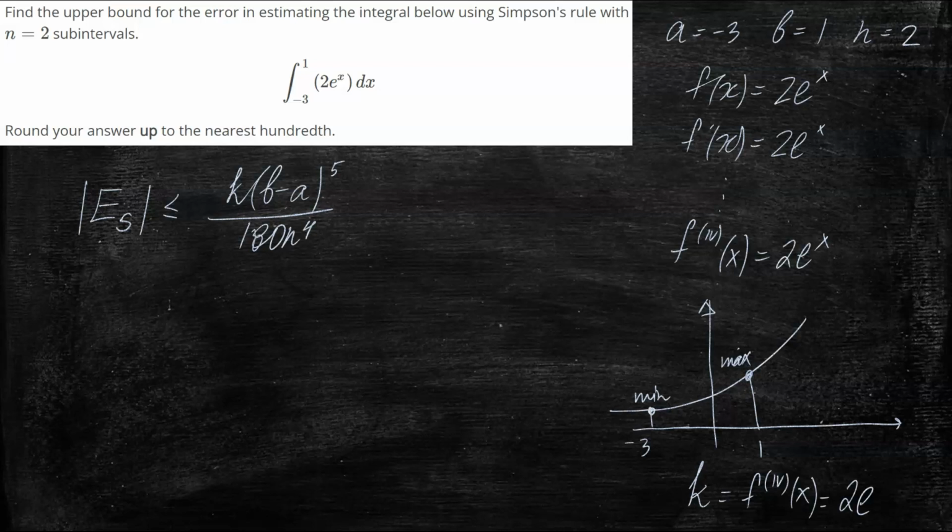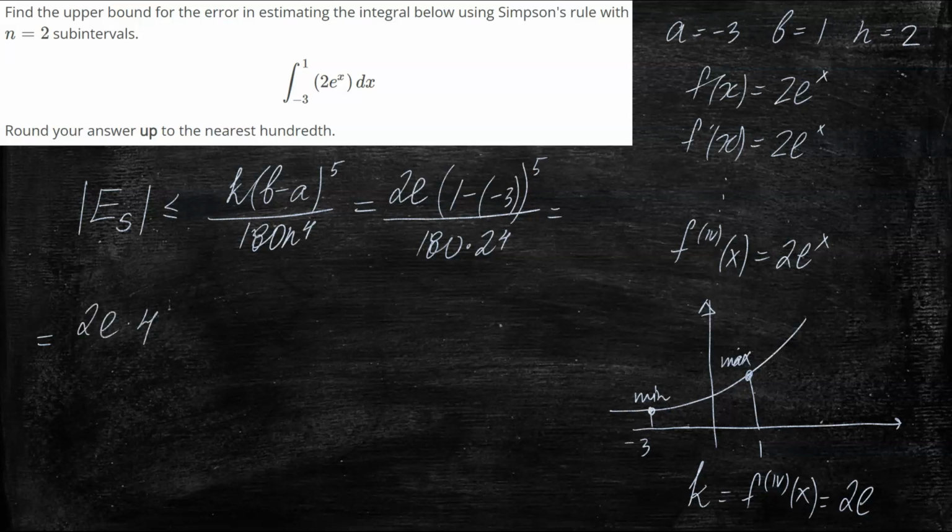Now we're going to compute this bound by simply plugging in all these values. b is 1, a is -3, so (1 - (-3)) to the power of 5 divided by 180, and n to the power of 4 is 2 to the power 4. I'm going to simplify this a little bit before I put it in the calculator.